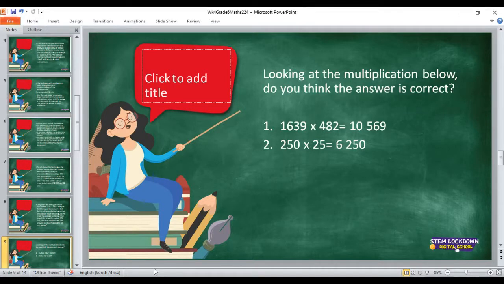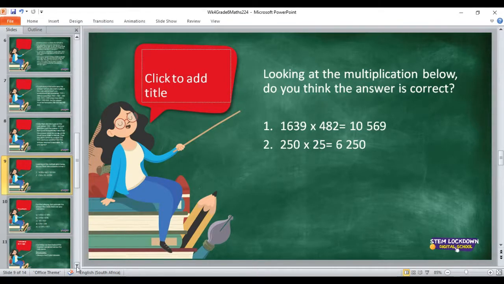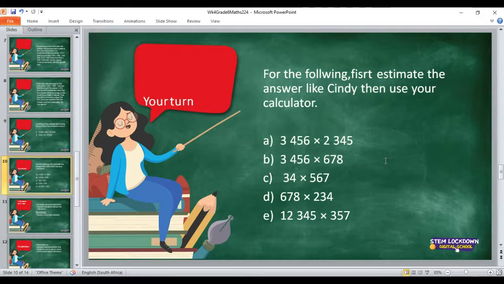Make sure that you are looking at your calculator and typing in the right keys. All right, now let's go to our exercise. I have 5 questions here. For the following, first estimate the answer like Cindy, then use your calculator. All right, we have A, which is 3,456 multiplied by 2,345.